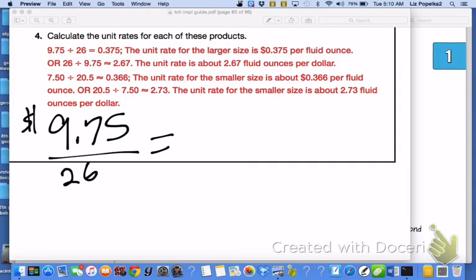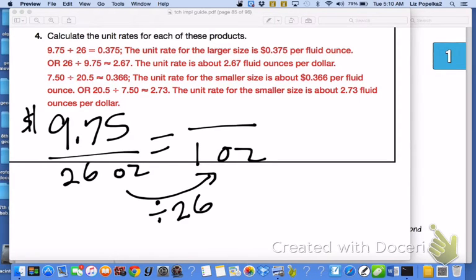So basically what I did is I scaled down and I found a unit rate. I didn't really care how much 26 ounces cost us. I want to know how much 1 ounce costs. So I went from 26 ounces to 1 ounce. I scaled down by 26, because the only way I can go from 26 to 1 is to divide by 26.